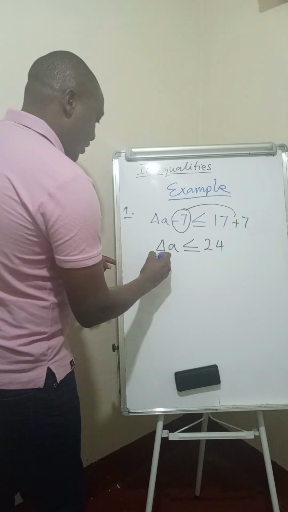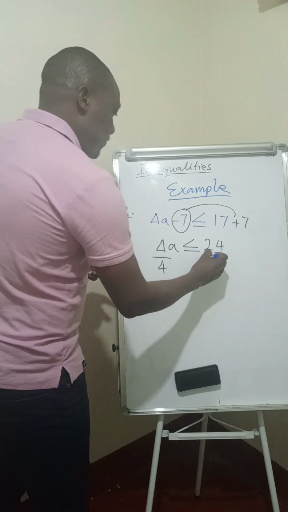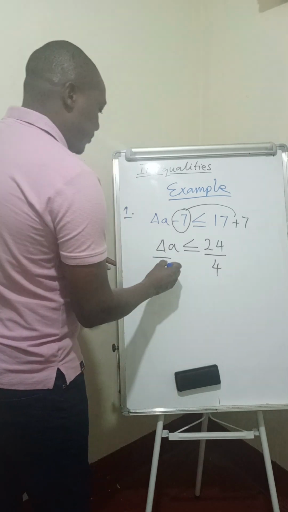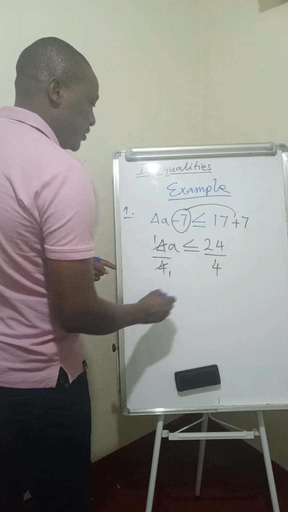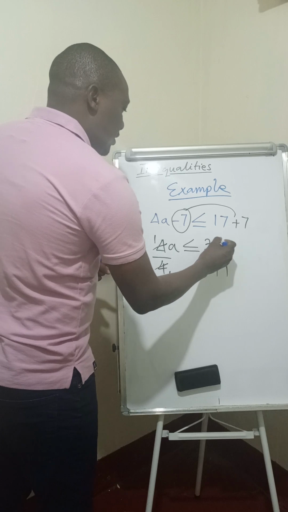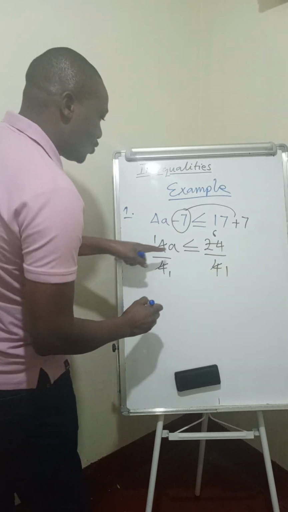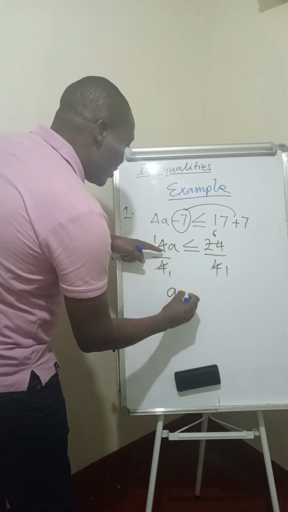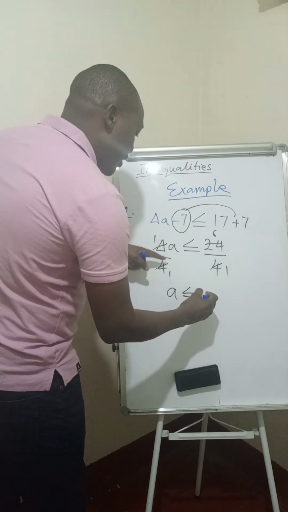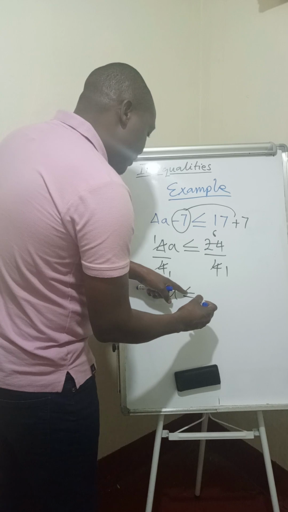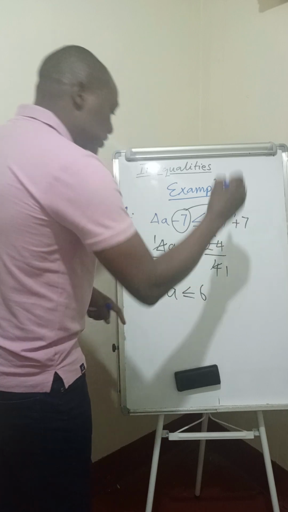Divide by 4 both sides. So 4 goes into 4 once, into 4 once, into 24 6 times. So the value of a now becomes less than or equal to 6.